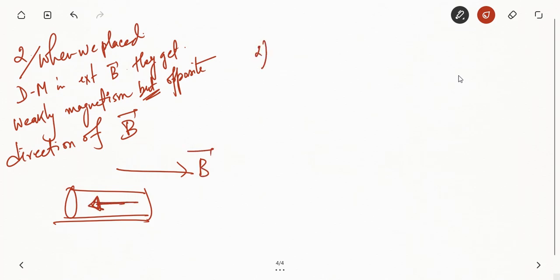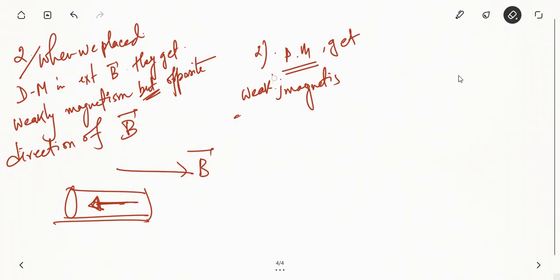But in the case of paramagnetic material, it also gets weak, feeble magnetism.